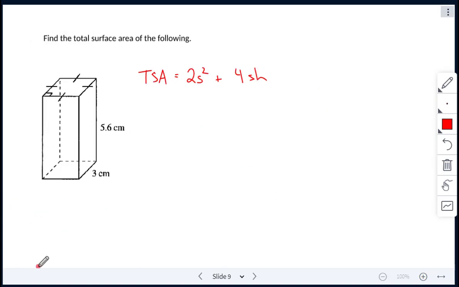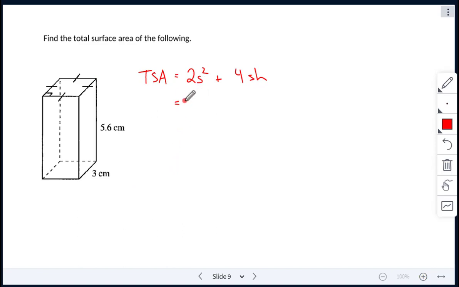All right, so for this next example, our side is 3 centimeters. All four sides of the base is 3 centimeters because it is a square, and our height is 5.6 centimeters.